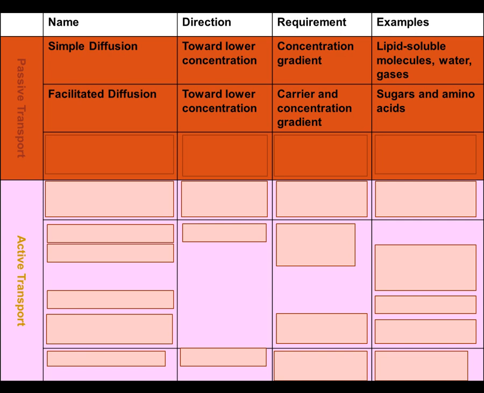That would be kind of like the protein. It forms a channel. The water doesn't have to be pumped from one spot to the other. It can just flow freely through.